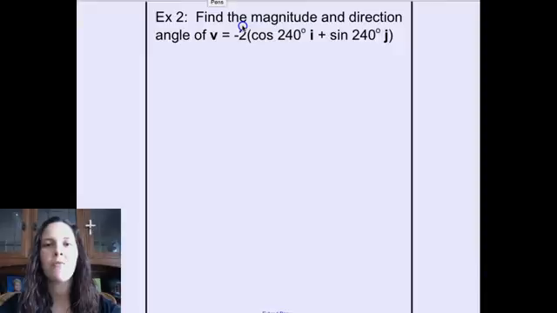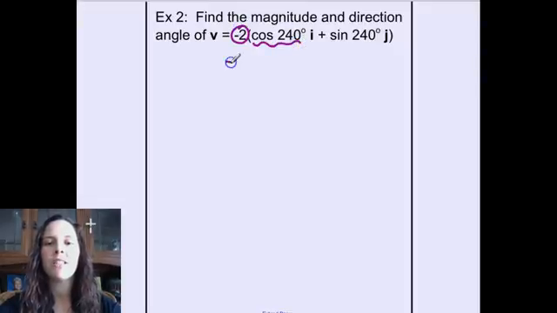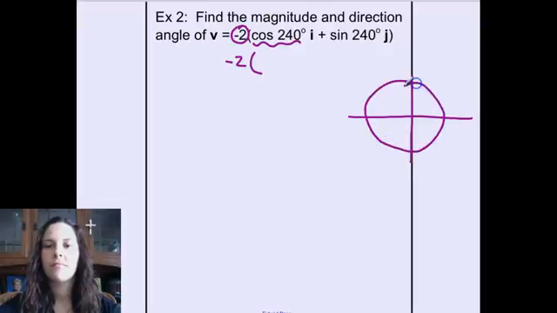Example 2, we'll start off by finding the magnitude, multiplying the -2 by cosine of 240 will give us our x component. The cosine of 240 degrees, we're in the third quadrant on our unit circle. 240 degrees is a multiple of 60 degrees. Cosine goes √3 to 1, so we are at -1/2.